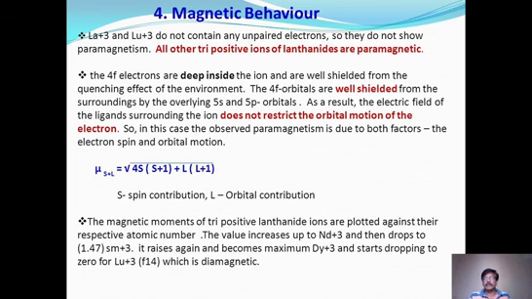In general, for d elements we take only the spin-only quantum number, and based on that we use the formula root of n into n plus 2 Bohr magnetons to calculate. But here, it has both the effects of orbital motion as well as spin.